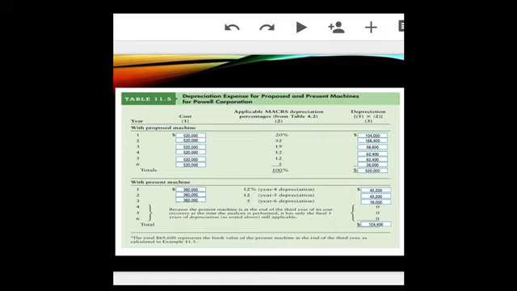But with the present machine, when they bought it, it already had 3 years of depreciation. So they did not start the depreciation rate over; they just continued, because they wanted it to be completed out of its life. Instead of starting from the first year, which would have been 20%, they started at the fourth year, which is 12%.